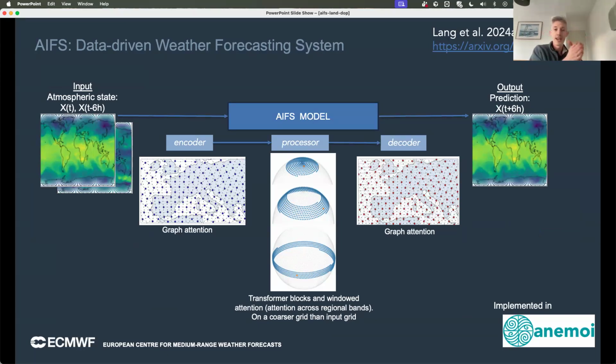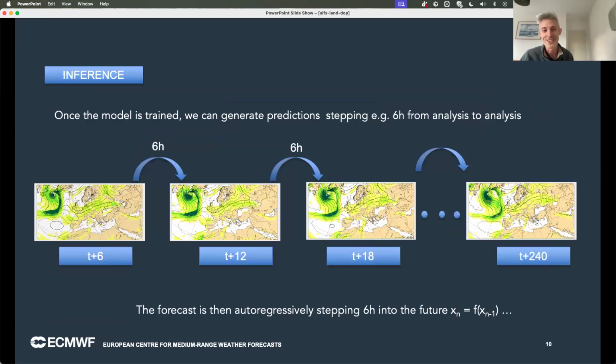And rather than saying, okay, here's the context of the previous N words, give me the prediction of the next word, which is how these large language models work, we're saying, here's the context of the atmospheric state. You can pay attention to this and give me the next atmospheric state. Instead of saying, here's the previous N words, give me the next word, if you see what I mean. It's a loose analogy, I would say.